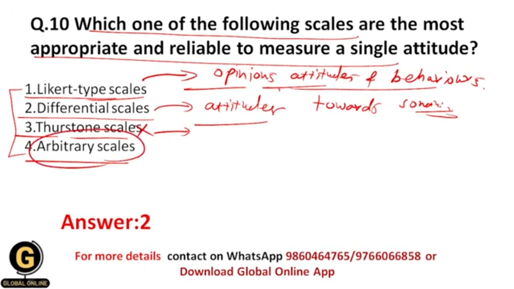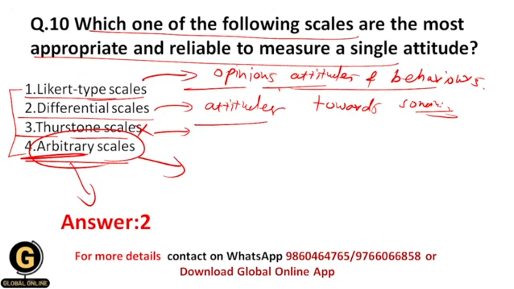And the next one is arbitrary scales. Arbitrary scales are developed on an ad hoc basis and are designed largely through the researcher's subjective selection of items. The researcher in this type of process first collects a few statements or items which he believes are appropriate to the given topic. The meaning of arbitrary is unspecific, not structured, or unclear.